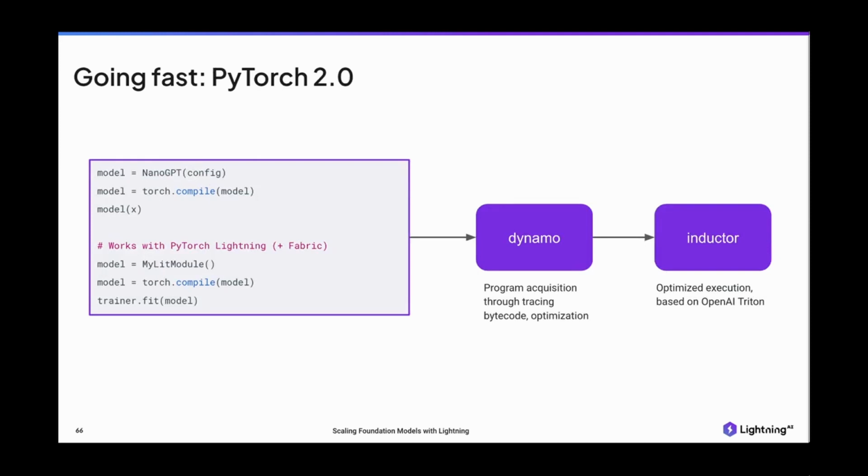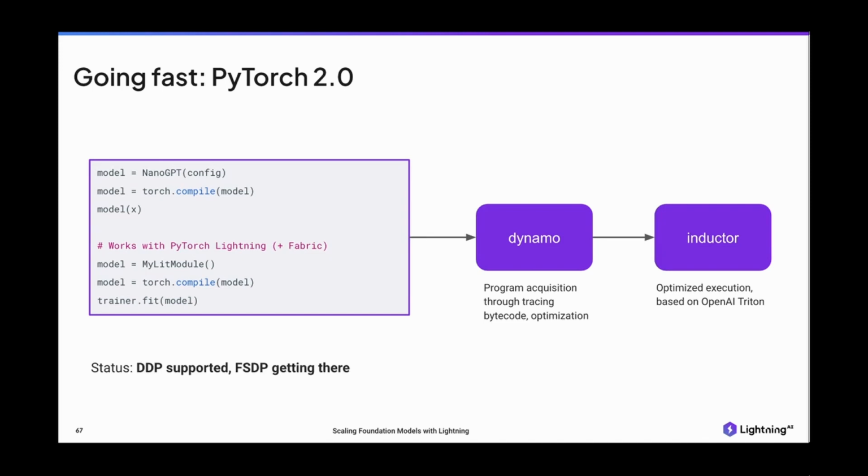And so what PyTorch 2 does is it takes some code, starts to run it, and then there's a technology called Dynamo that will analyze your code as it's running and acquire it. Essentially, it's looking at Python bytecode. It does some optimizations and passes it to an executor called Inductor, which provides optimized, fused kernels, and it's based on OpenAI Triton.